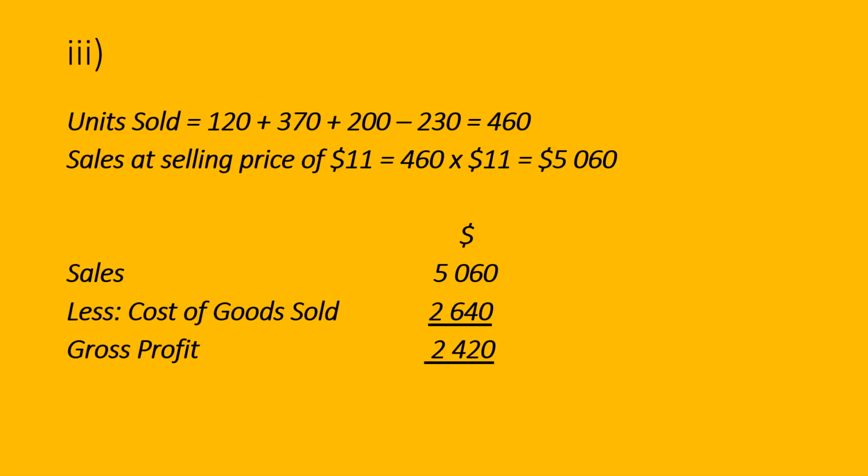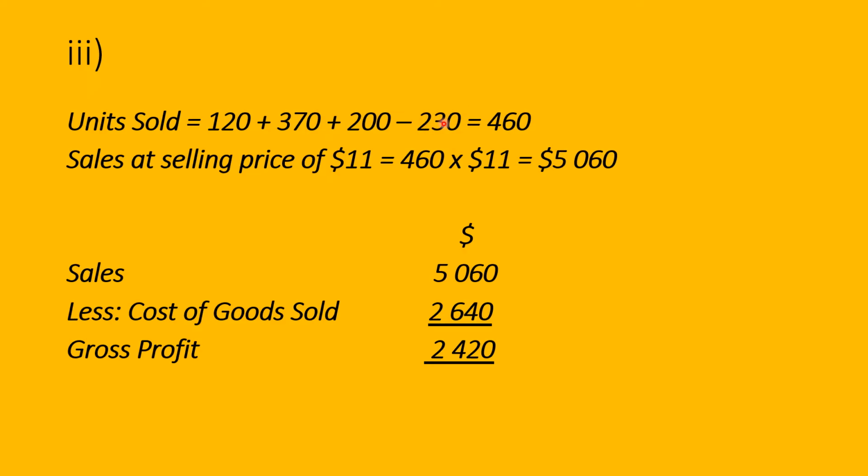Okay, now part 3 asks for the gross profit. In order to do that, we have to find out the sales at $11 per unit. So first we take all the units that we had in hand at the beginning, and then we add to that the two that we purchased, 370 plus 200, and then we minus the amount that we had at the end.